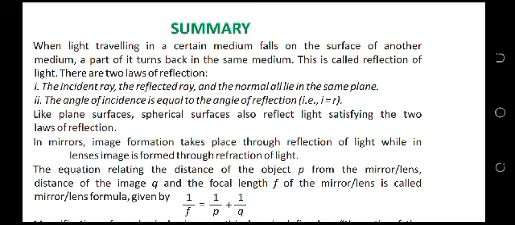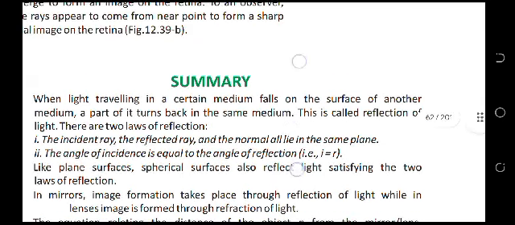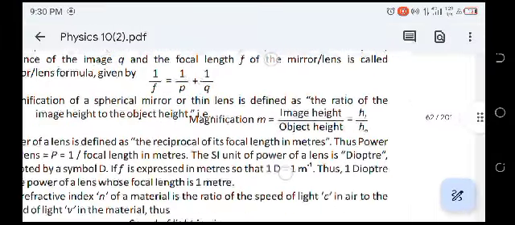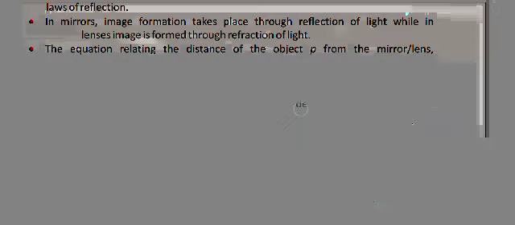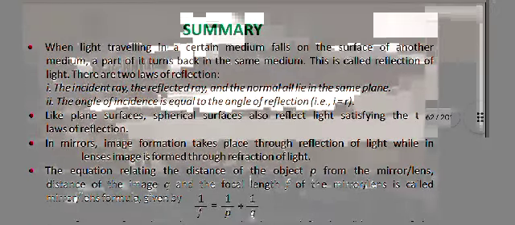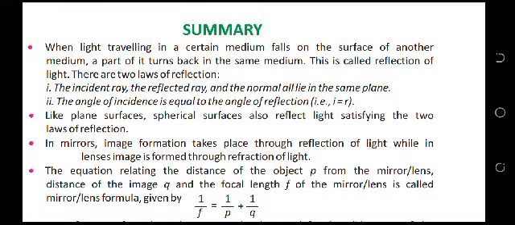Number one, the incident ray, the reflected ray and the normal all lie in the same plane. Number two, the angle of incidence is equal to the angle of reflection, i equals r.